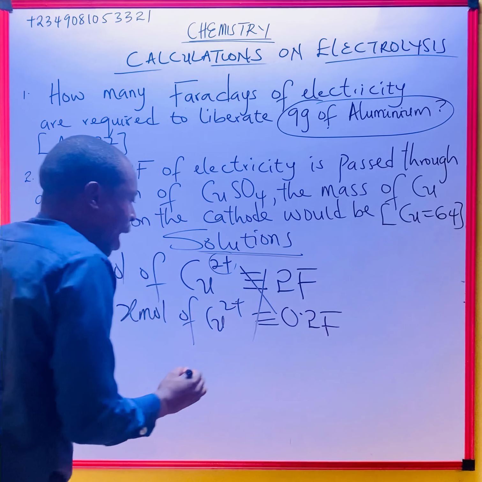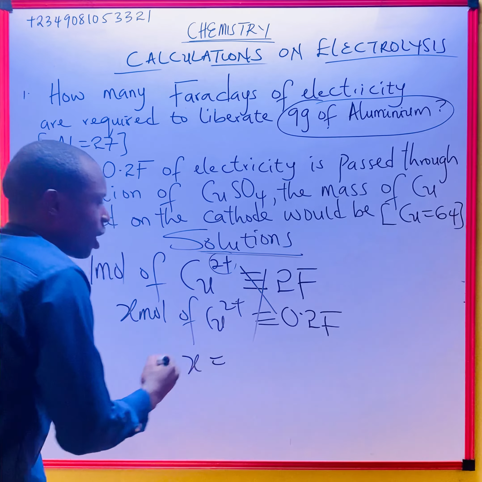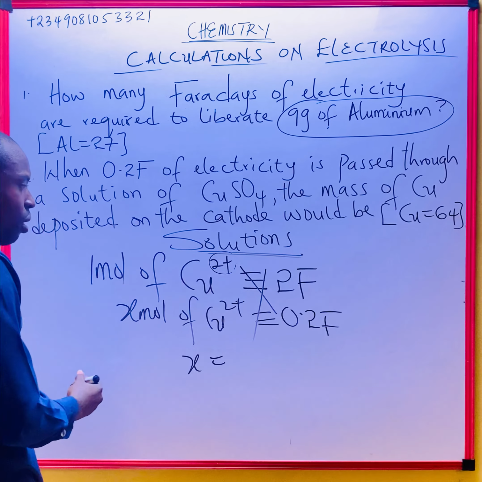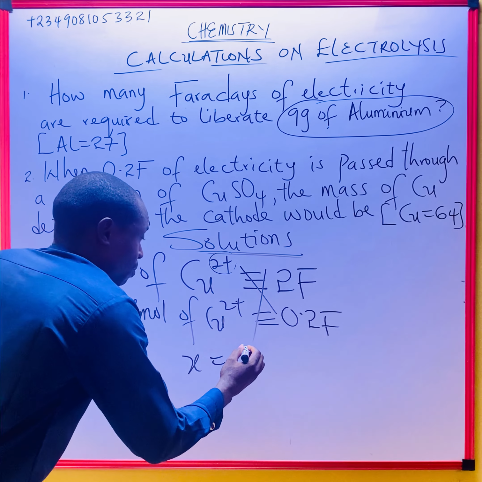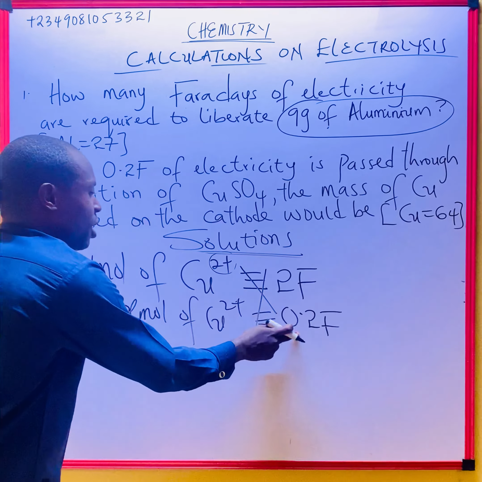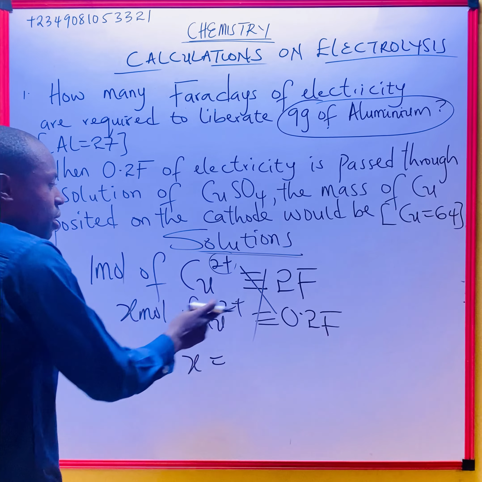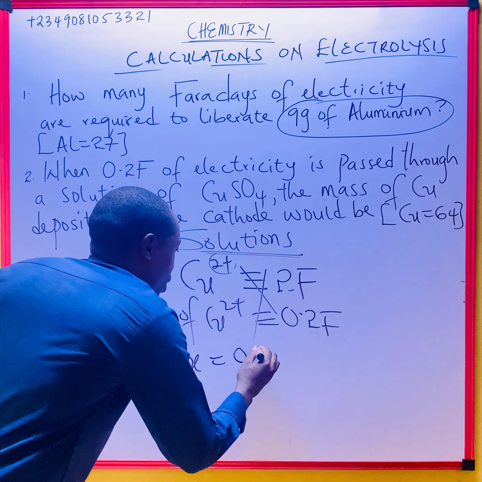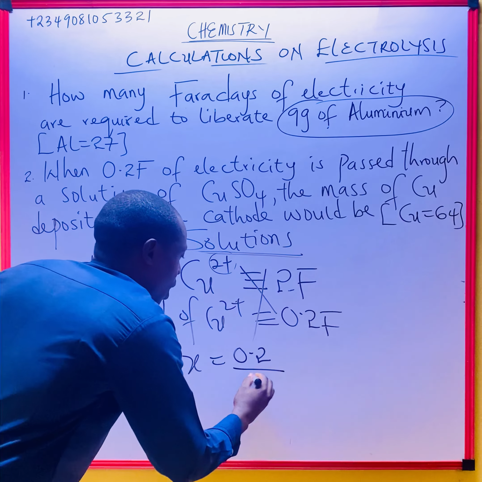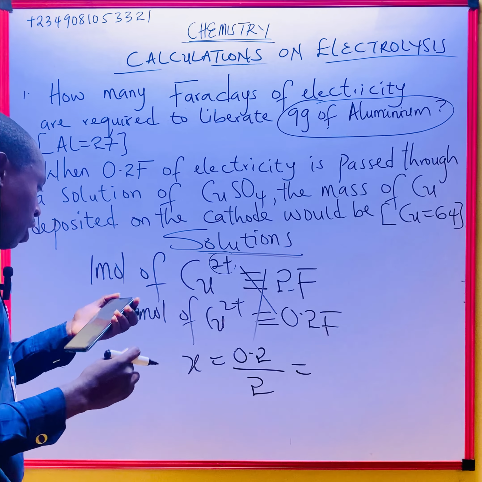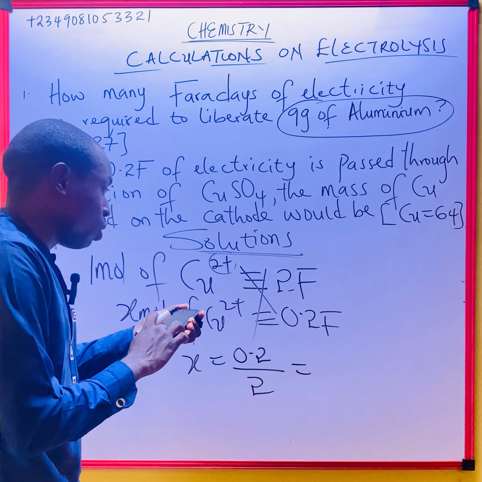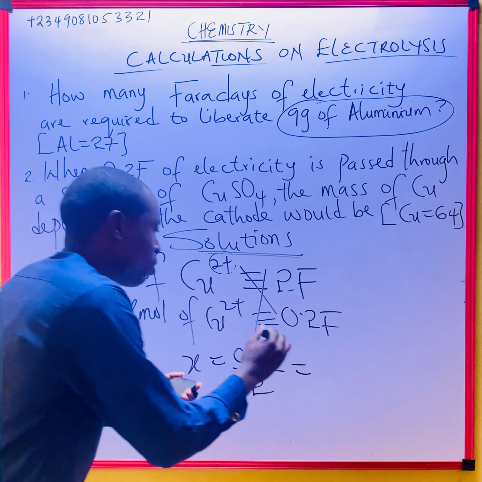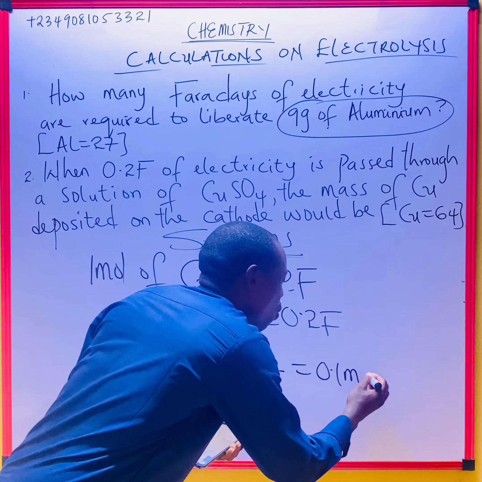And when I cross multiply, x mole is now equal to, let's break it down, 0.2 divided by 2, which gives me 0.1 mole.